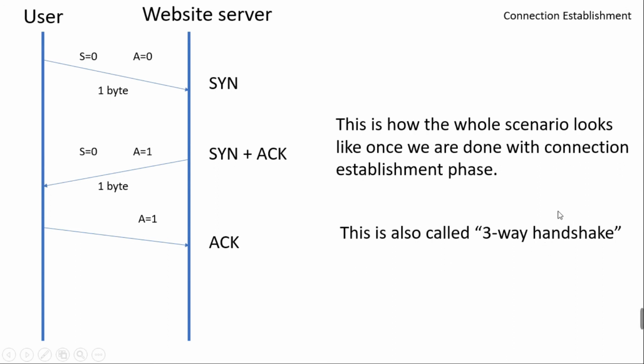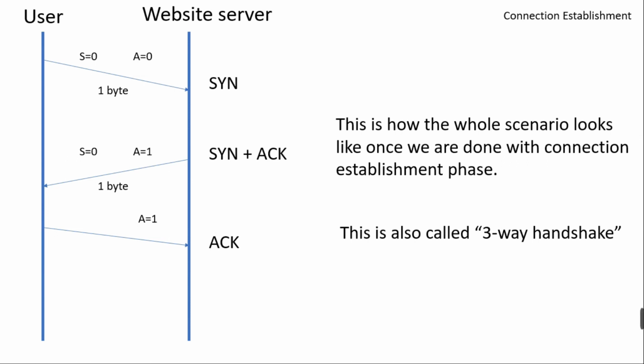Why do we call it three-way handshake? Because as you can see, this whole phase is divided into 3 different steps. This is the first step, this is the second step, and this is the last step. Those 3 steps ensure that a connection has been established. So now you can go on and do your further work.